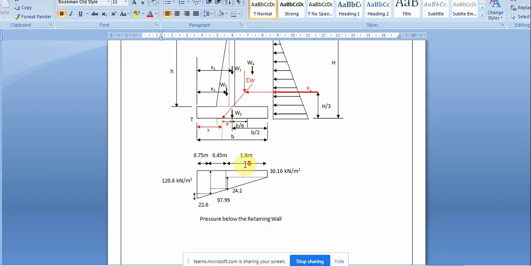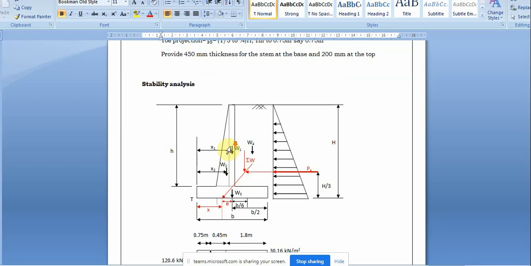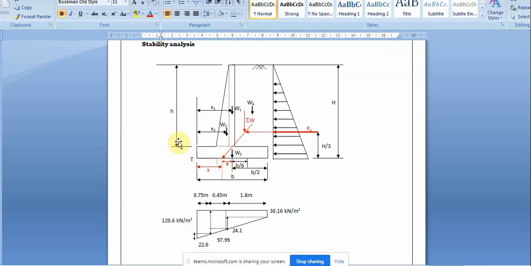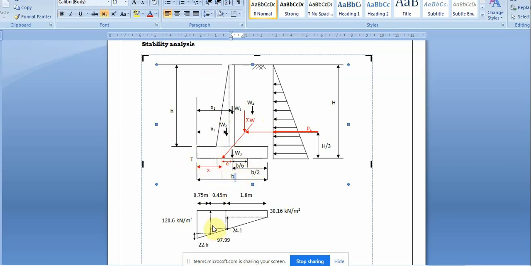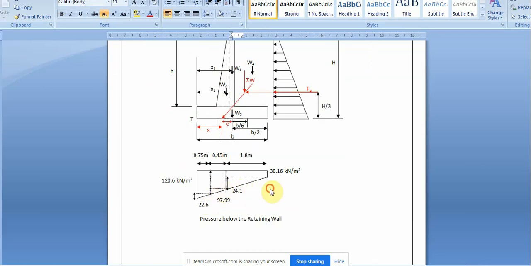You have checked for stability. So you can see the diagram here, how it is given. This is H, this is DF. These are W1, W2, W3, W4 forces. E value is given here. This is the resultant force. E is given, it is B by 6. This is B by 2. This is X value. Total is B here. How did we find the uplift pressure?